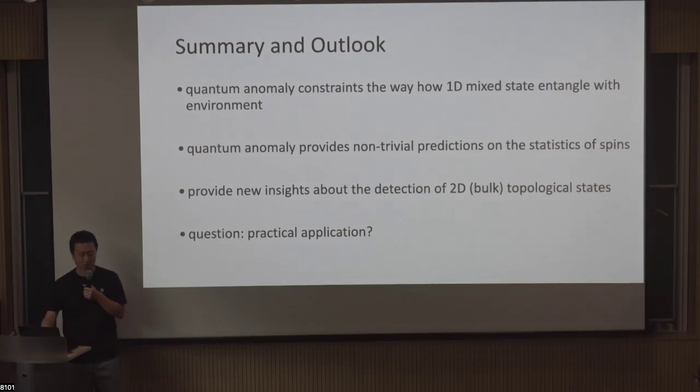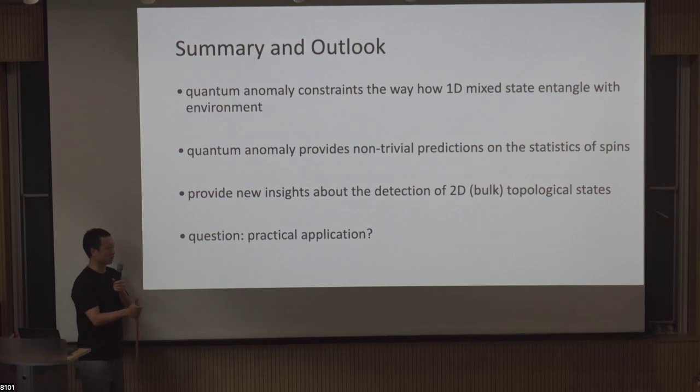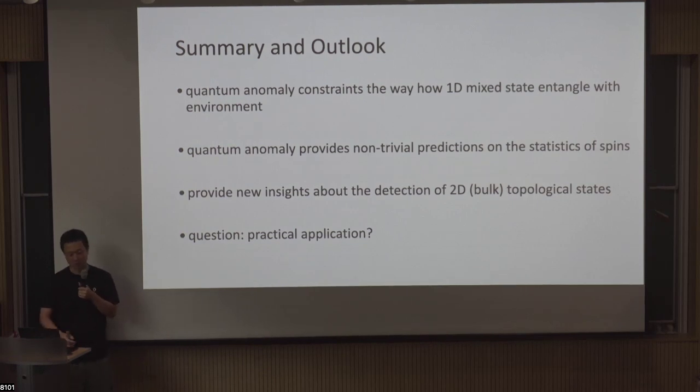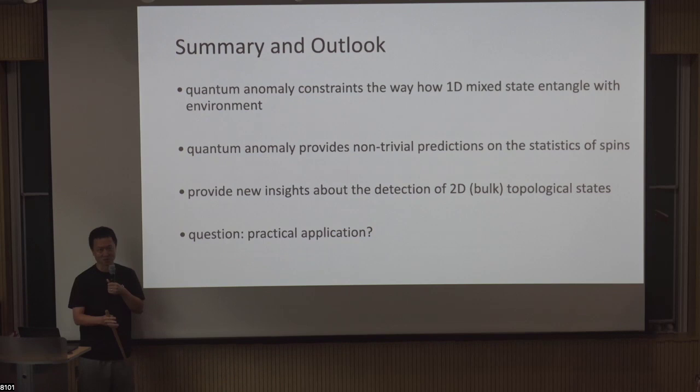Maybe there's a circuit that preserves all the symmetries, and the symmetry happens to have some anomaly. Maybe we can already know something about the final states without looking into the details of the circuit. That's what I want to discuss with the audience.